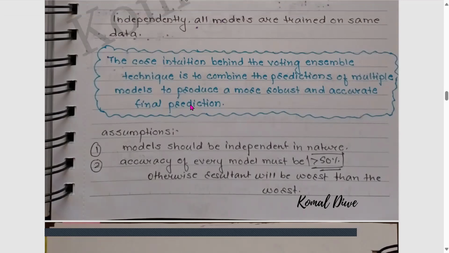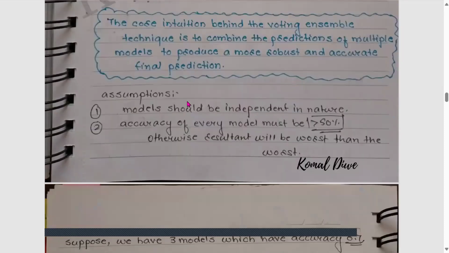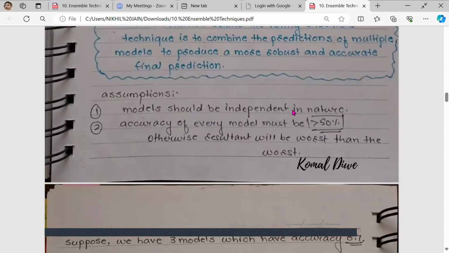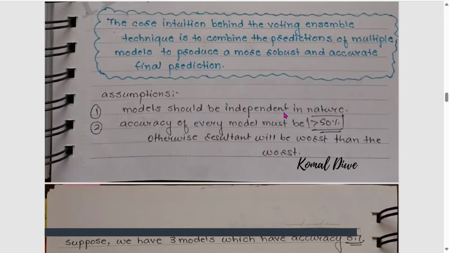Remember in this lecture: the accuracy of every model should be greater than 50%, otherwise the result will be worse than the worst.